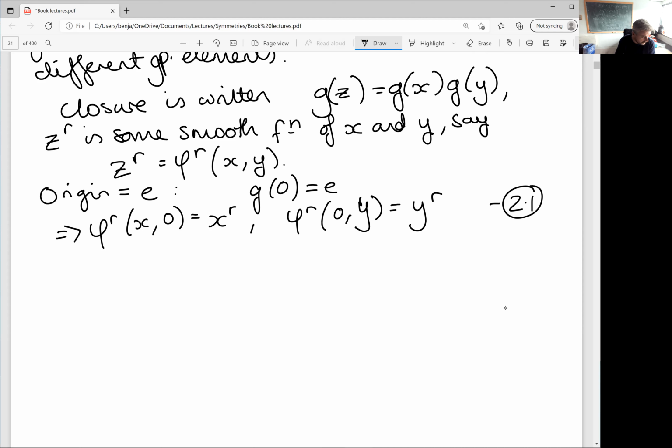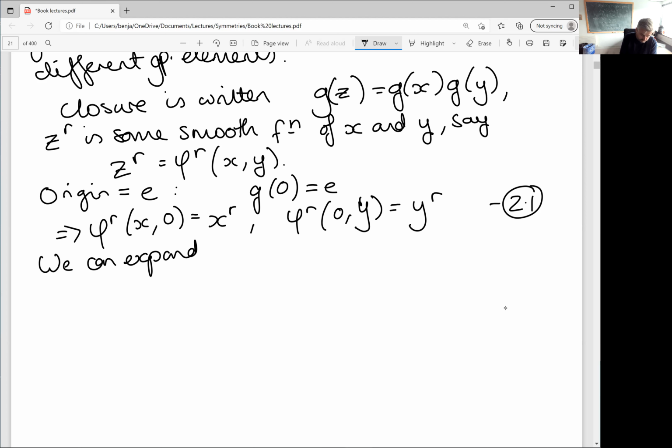All right, so these relations mean that we can expand phi^r in terms of two points, x and y. This is a Taylor expansion, and again, this is an exercise.